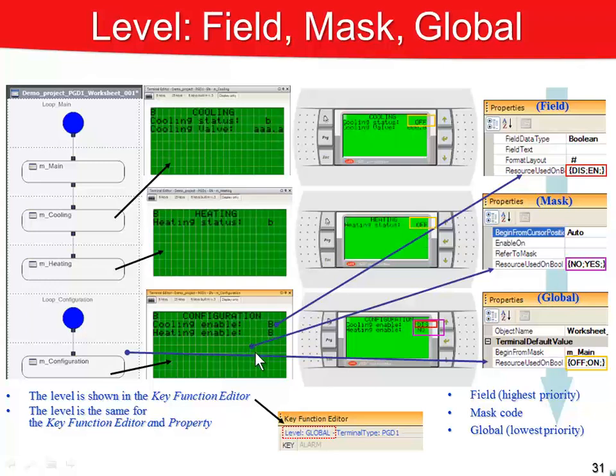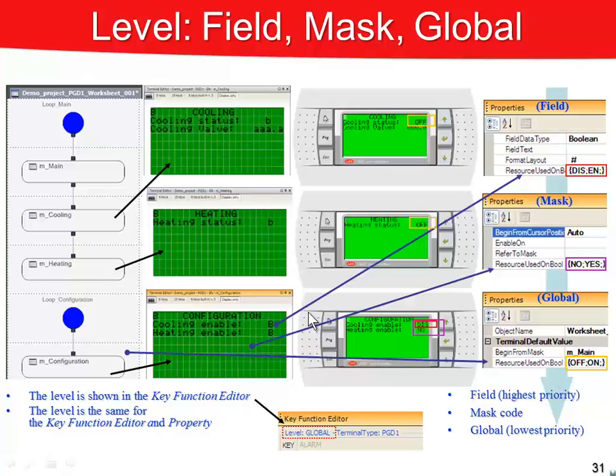While if you click the mask, the background here of the mask, or click also here, you select the mask level, where you can write, in this example, no yes, so all the fields of that mask show no yes, while if you click the field, you select the field level, where you can specify this N. In this case, this is used only in that field. And as you can see there is a priority. What you write at field overrides what you write at the mask, mask overrides global, global overrides the value 0, 1.